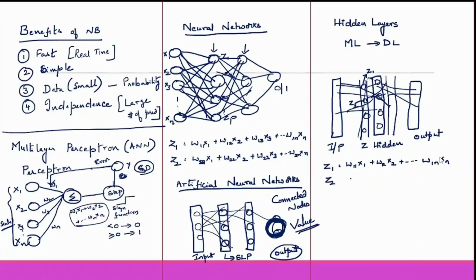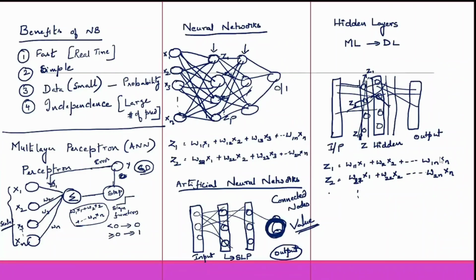Z2 will be W21 times X1 plus W22 times X2, and so on, W2n times Xn. Like this, in this node I have Zp. Again Zp equals Wp1 times x1 plus Wp2 times x2 plus and so on, Wpn times xn. So this is what we typically have.